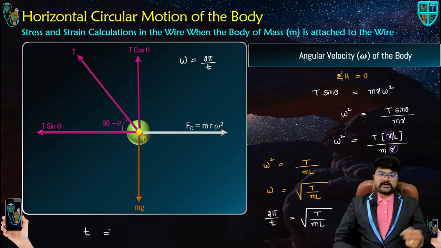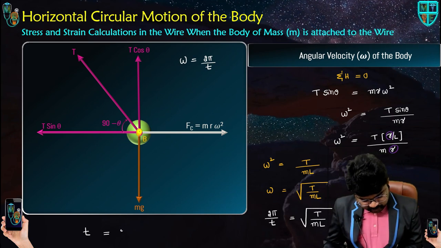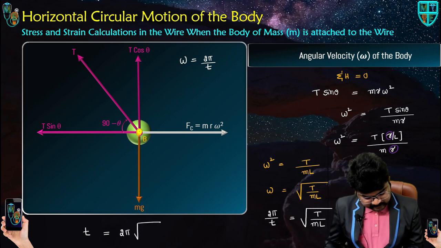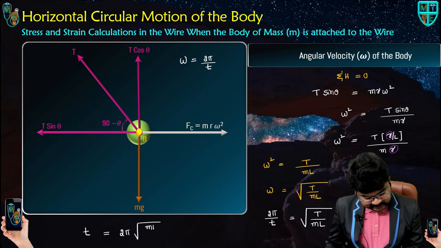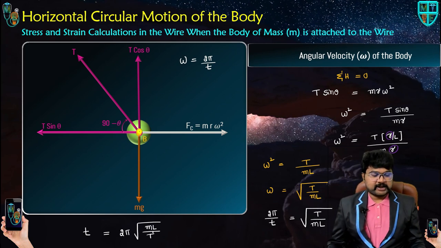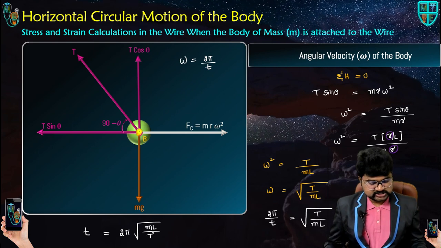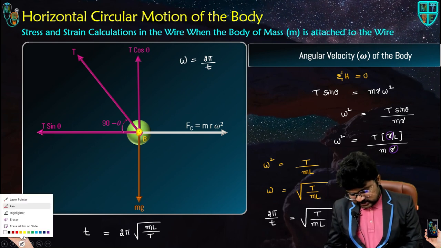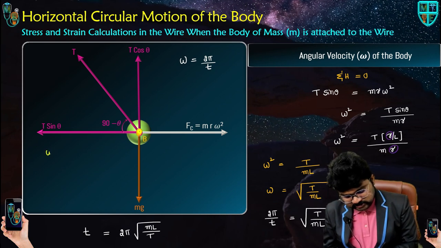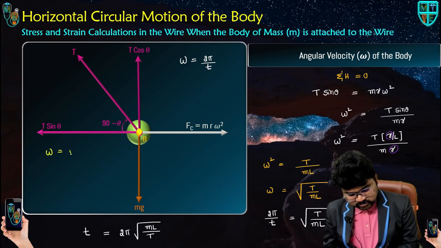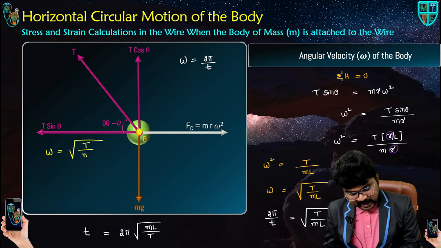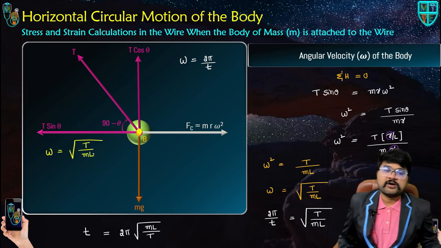Time period t equals what? 2 pi square root of m times L by tension in the string, where capital T is the tension in the string. Here you can take 2 pi f also. Omega, you got, is square root of T by mL, the angular velocity of the body.